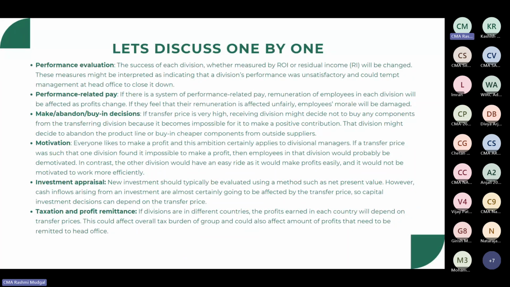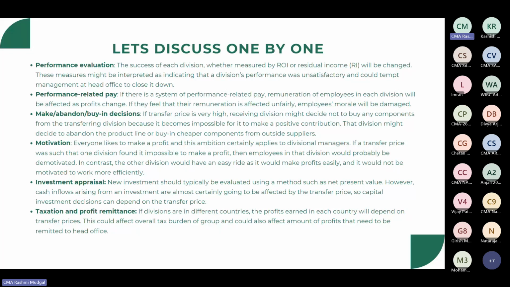Taxation and profit remittance. If divisions are in different countries, the profit earned by each country will depend upon the transfer price, because definitely they are going to do some transactions between each other. So the profit of every company will depend upon the transfer pricing.